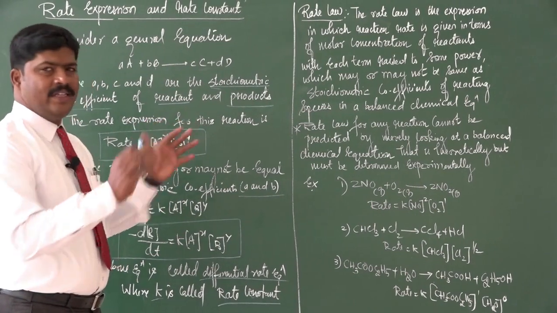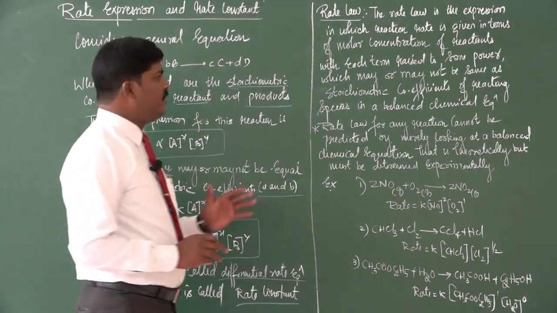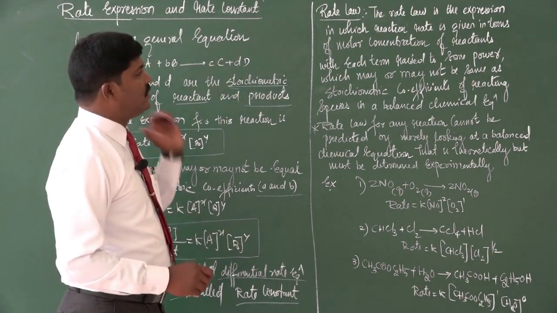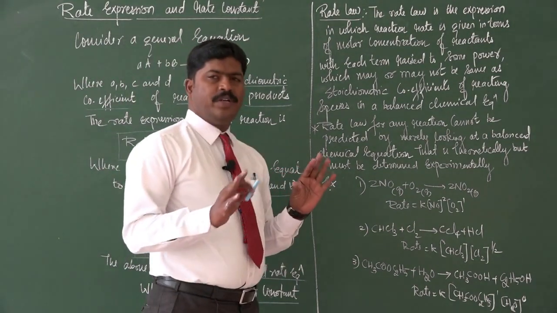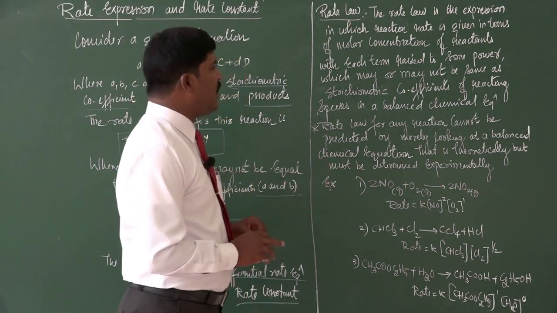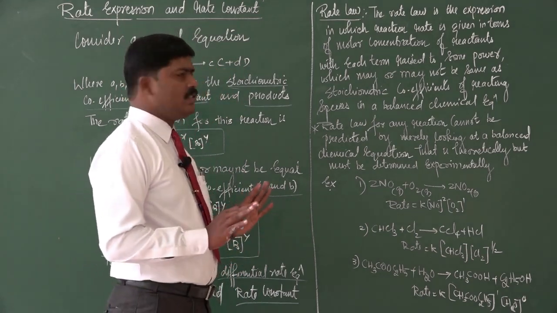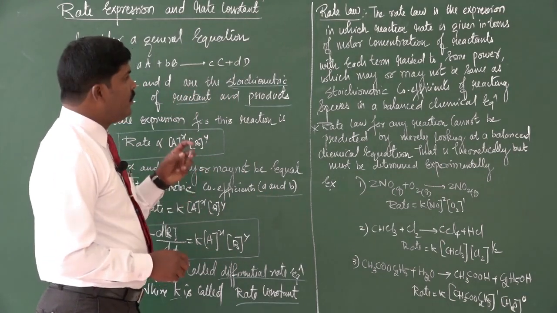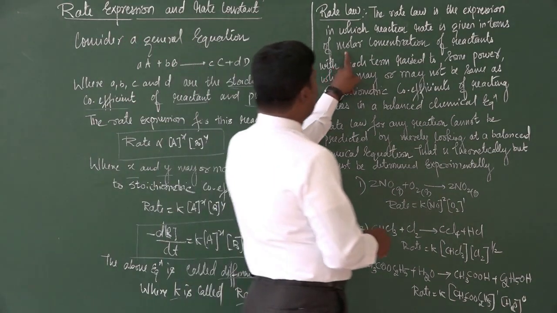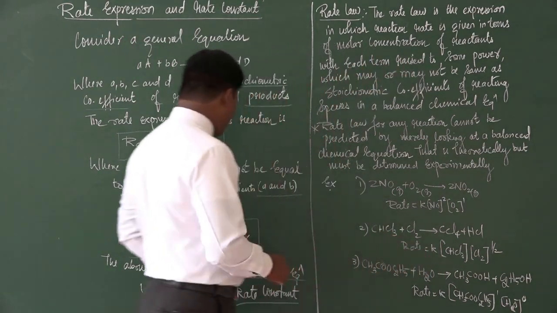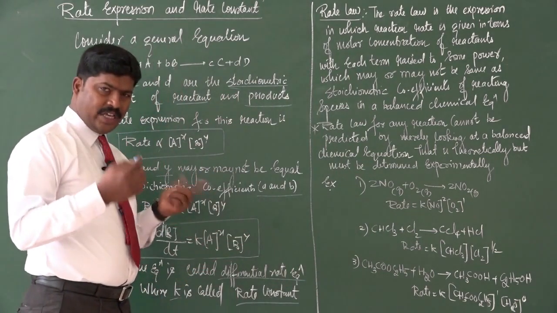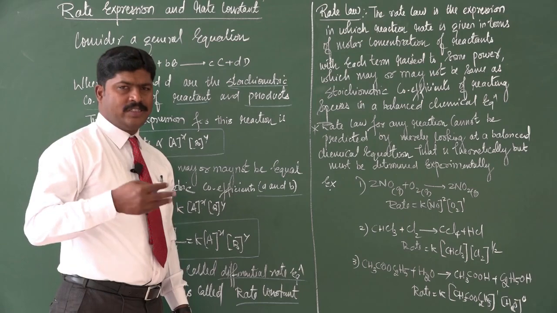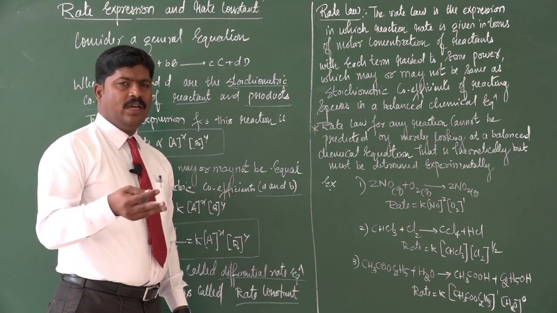Now, I will define the rate law. What does the rate law say? The rate law is the expression in which the reaction rate is given in terms of molar concentration. Last session I told you whenever we write in a square bracket, it states that it is written in molar concentration.